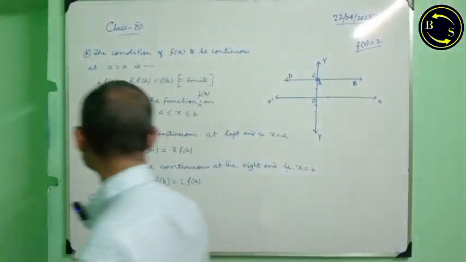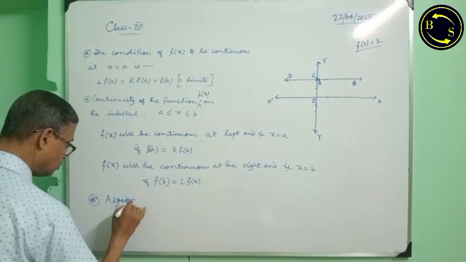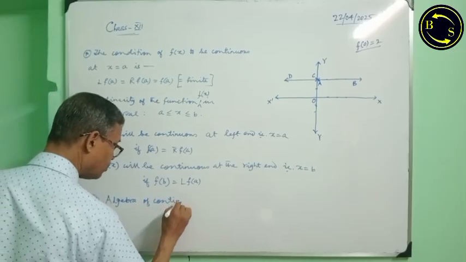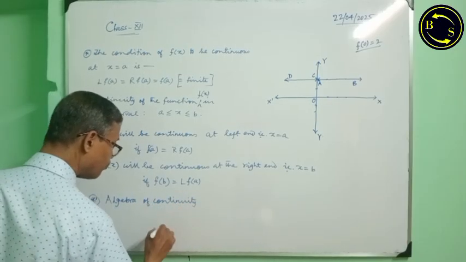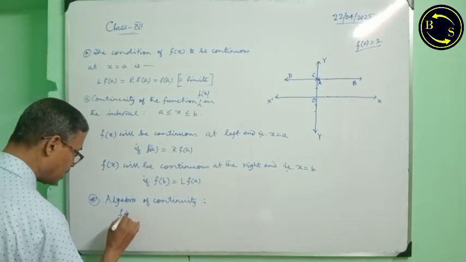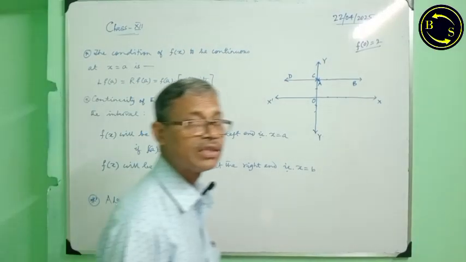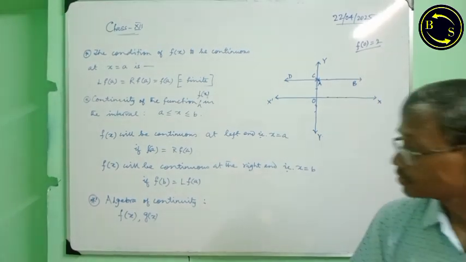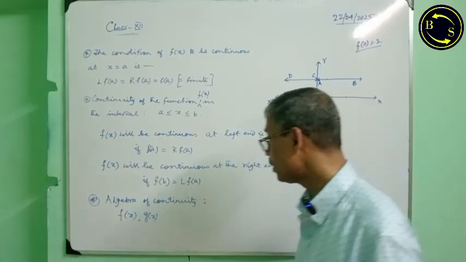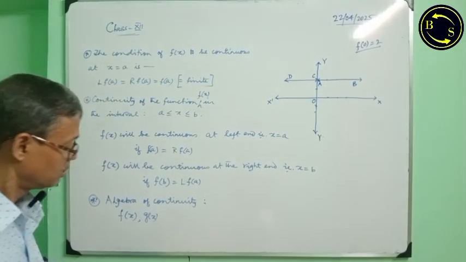Next thing, algebra of continuity. If f(x) and g(x), I take two functions as f(x) and g(x), be two functions which are continuous in the given interval, first of all, these two are defined in that interval.